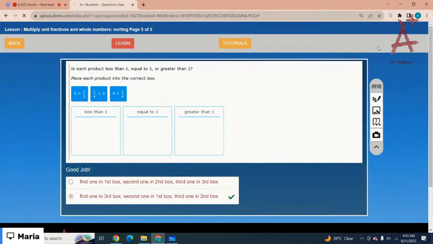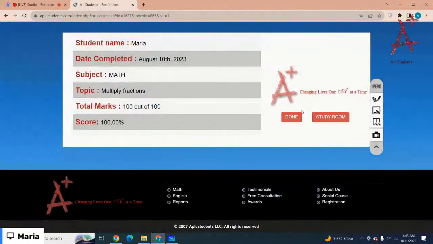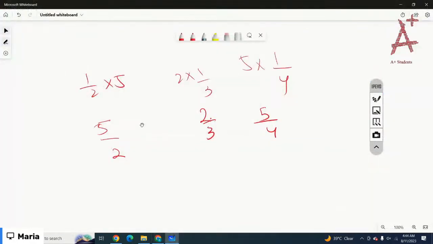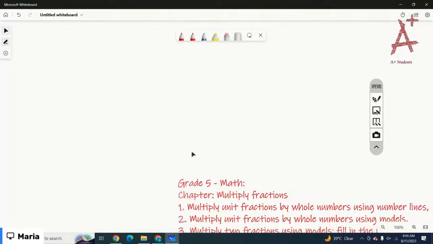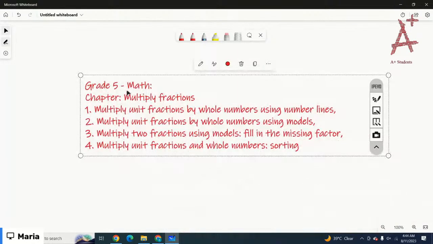Okay, we are done with the lesson. So we are working on grade 5 math. The chapter we have worked on is multiply fractions.